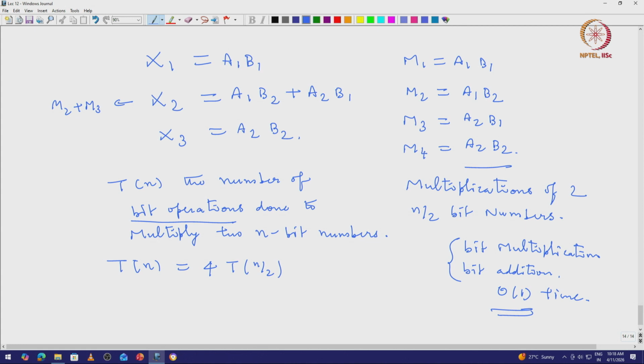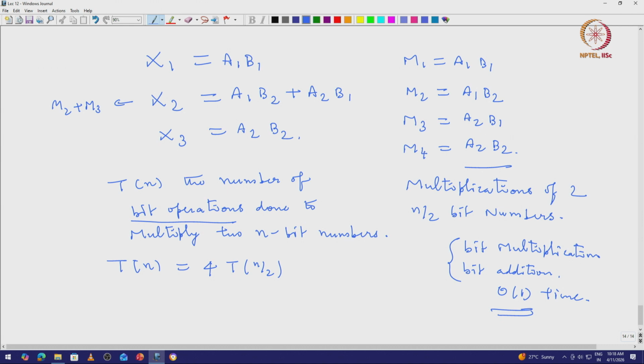Therefore, this is the addition you have to do, and after that you have to multiply x1 with 2 power n, x2 with 2 power n by 2, and then add. So that requires another certain number of bit additions.